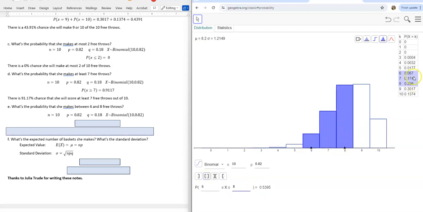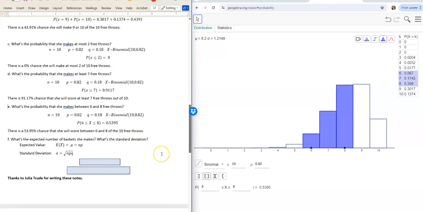You could add those 3 things up, but it does it for you already. Between 6 and 8 would be 0.5395. Once you know how to use the GeoGebra program to do this, you're really not having to do too much work, but making sure that you're entering those numbers correctly. And then that's just saying that there's a 53.95% chance she'll score between 6 and 8 free throws.